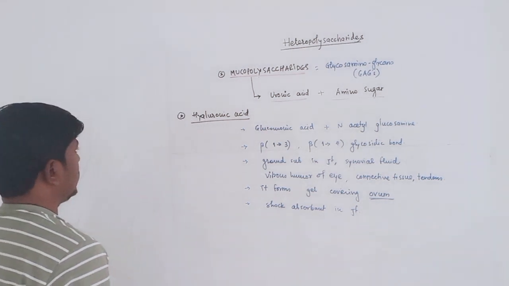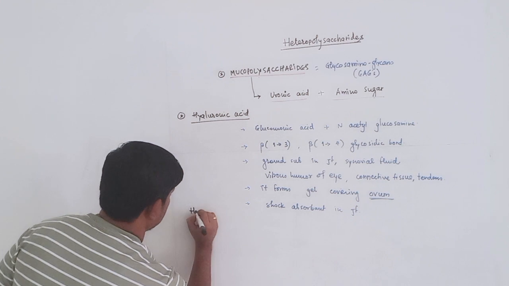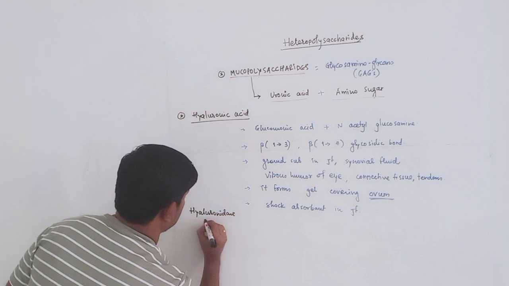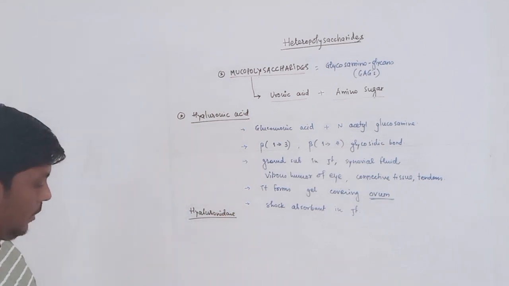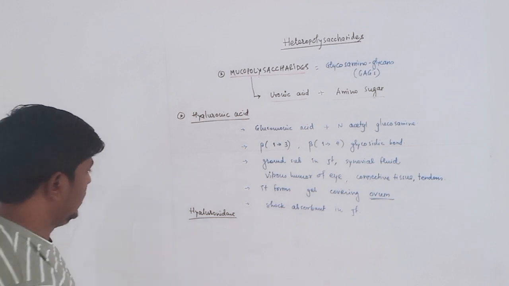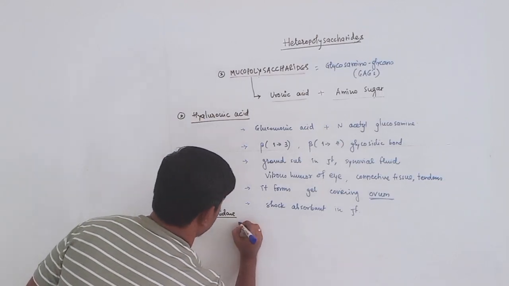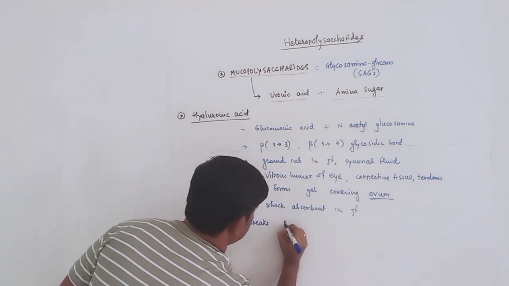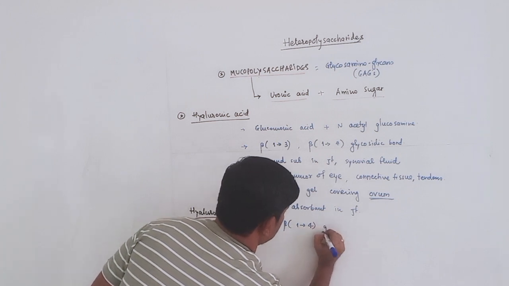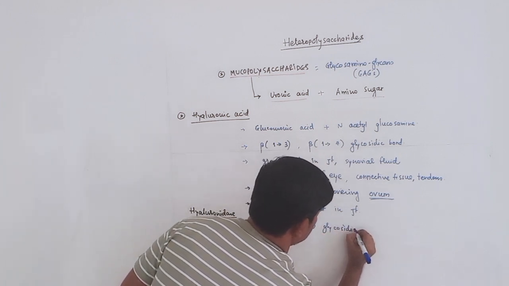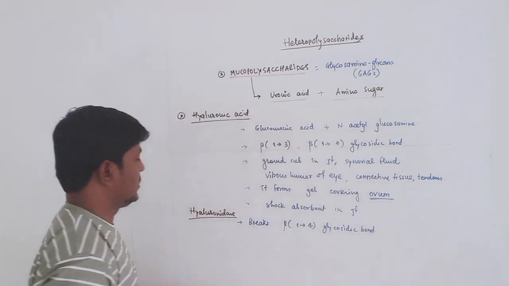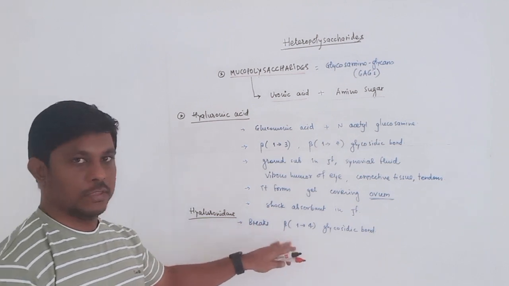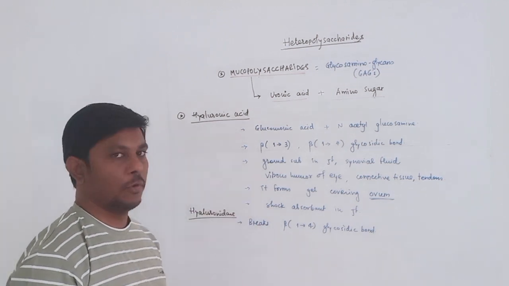Then there is an enzyme called hyaluronidase. This hyaluronidase enzyme breaks down the beta 1,4 glycosidic bond which is present in hyaluronic acid, and it can also break down this bond in other kinds of mucopolysaccharides.